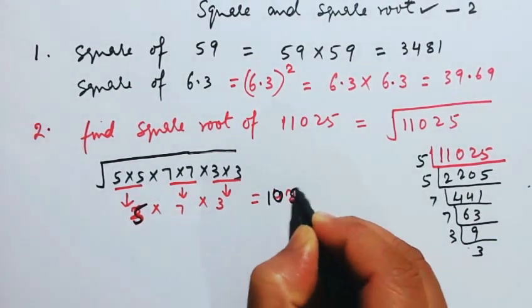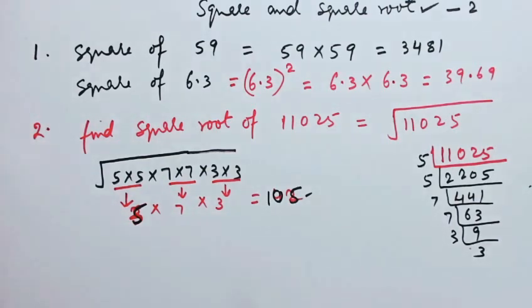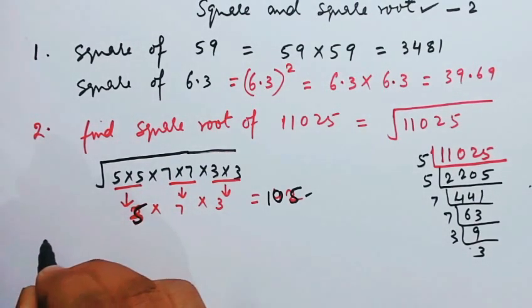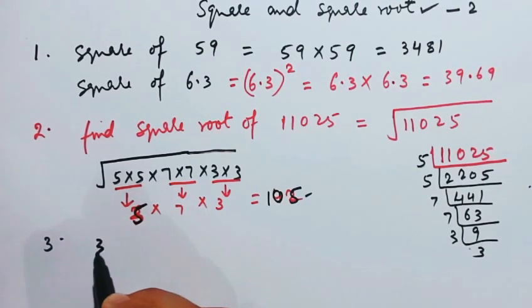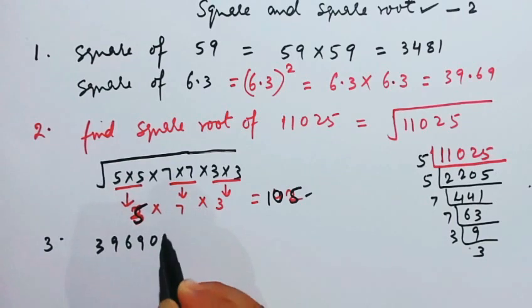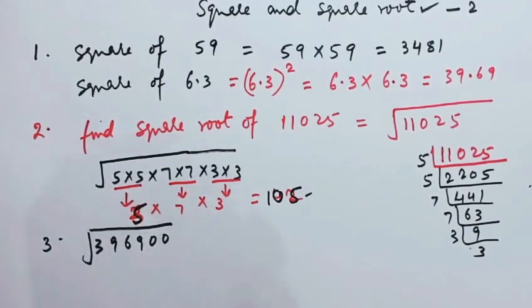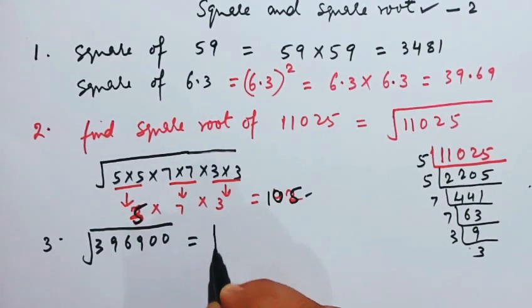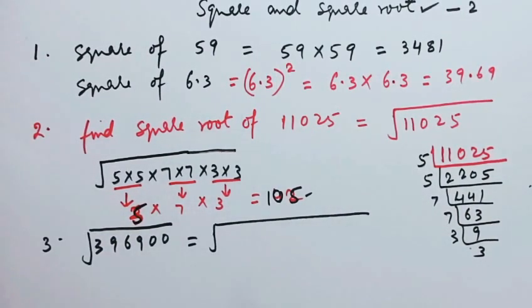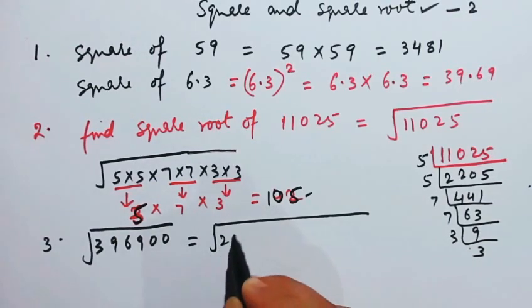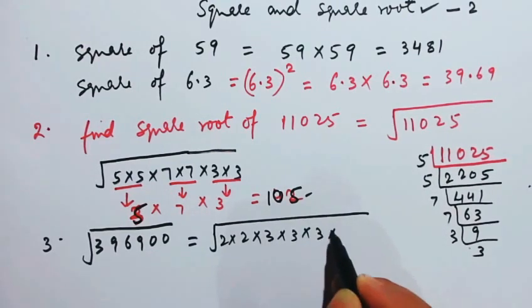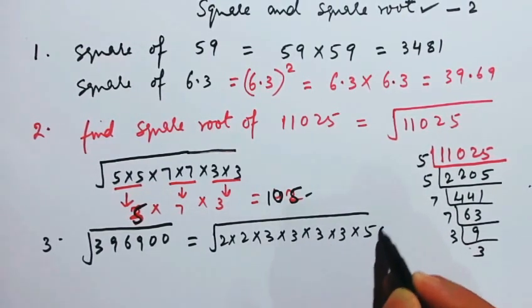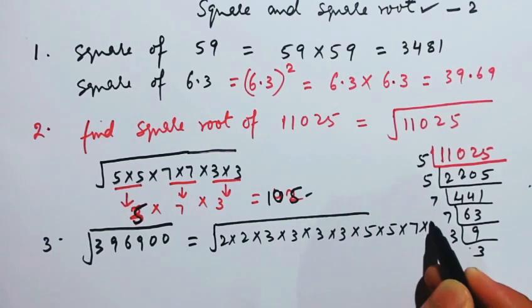Similarly, in number 3, find the square root of 396900. When you disintegrate in the same style, you will get the values as 2 times 2, 3 times 3 times 3 times 3, 5 times 5, 7 times 7.